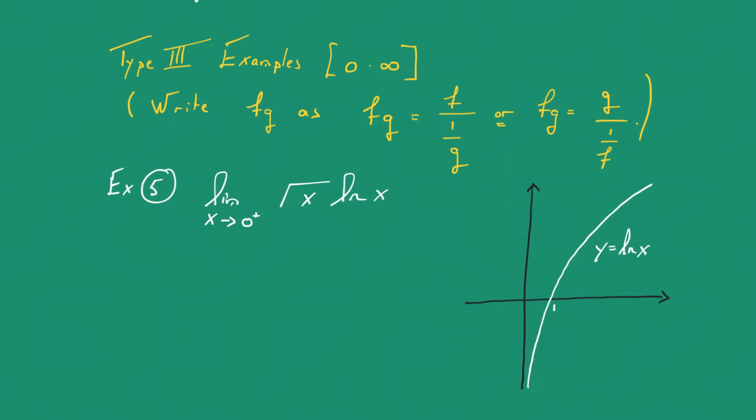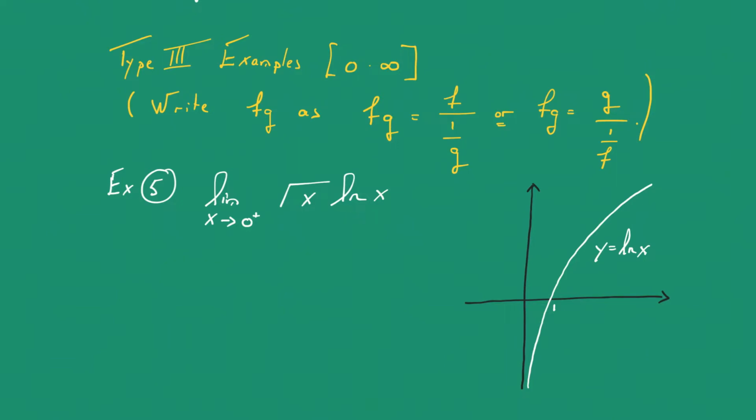In particular, notice that you can't evaluate the log function at 0. 0 is not in the domain, so we can't just plug the value 0 in. So what's happening? Well, our first term, as x tends to 0 from the right, root x is going to tend to root 0, which is 0.